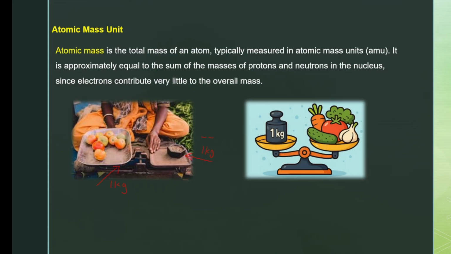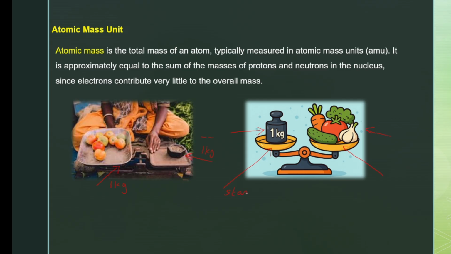This is another animated or cartoon-like image here. A 1 kilogram weight is put here, and the vegetable, also 1 kilogram, we have put here. Once both the weights are equal, we assume that the total weight of these vegetables is equal to 1 kilogram. As I have already told you, this is the standard unit in comparison to which we buy things.